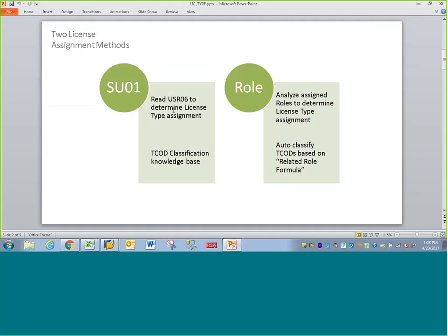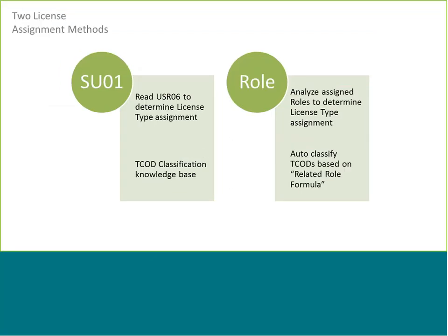From there, once we determine users or active users and their license types, we then weigh their usage based on a T-code classification knowledge base that we have within the tool. So again, first we determine license type assignment, and then we weigh each user's usage based on our T-code classification knowledge base.